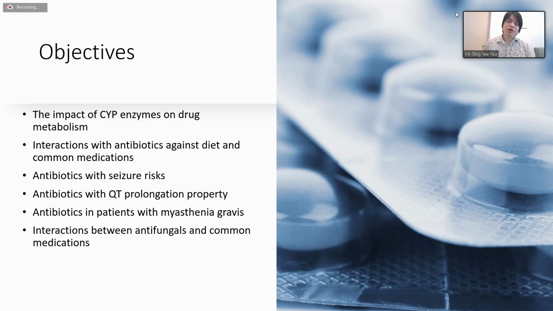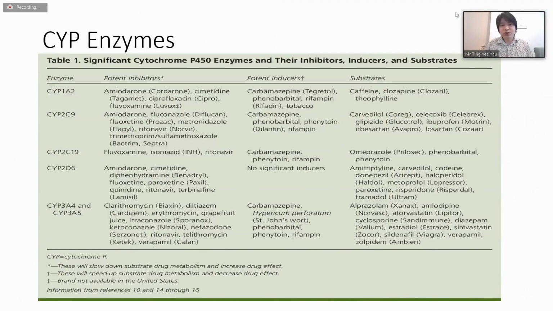So first of all, I just want to show there are a lot of antibiotics that affect the CYP enzyme. They could be either potent inducers or potent inhibitors. It affects many of the substrates, which are the common medications that we take.